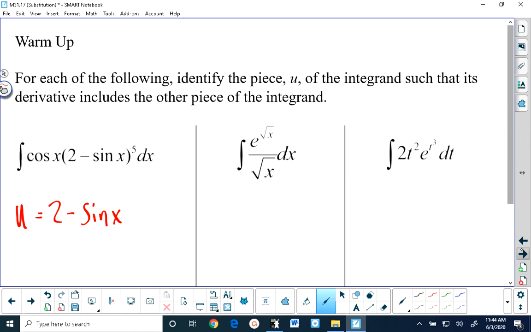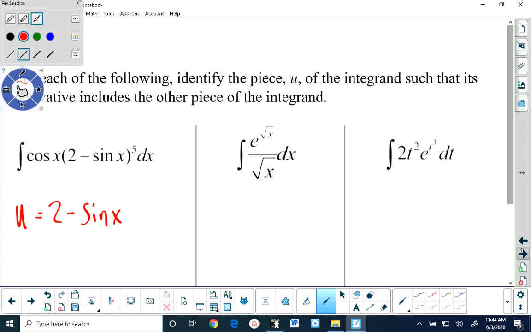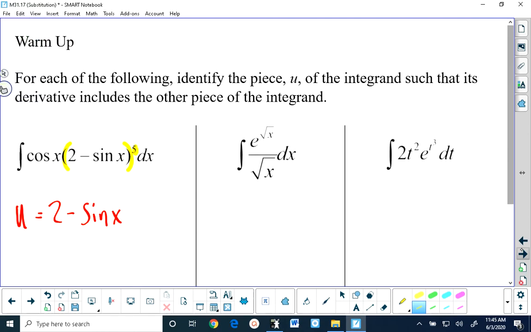Notice that when I choose the piece that I will differentiate, I did not include this operation of raising to the 5. I only included the argument.